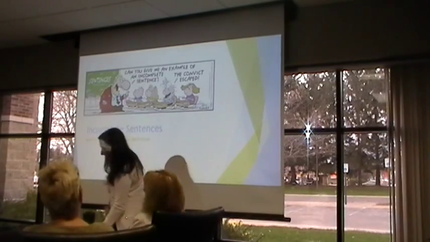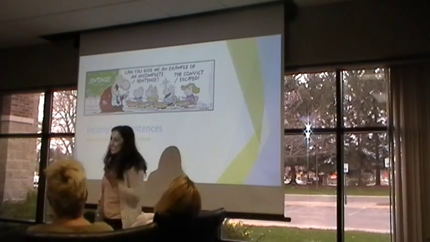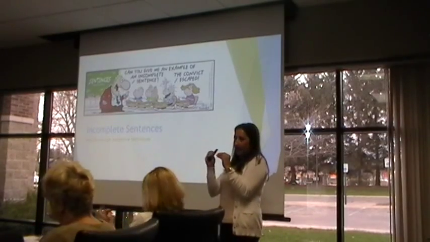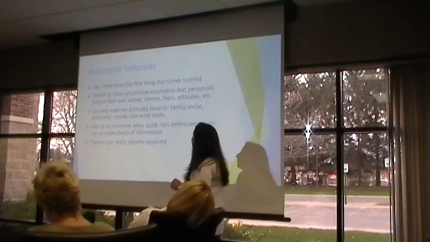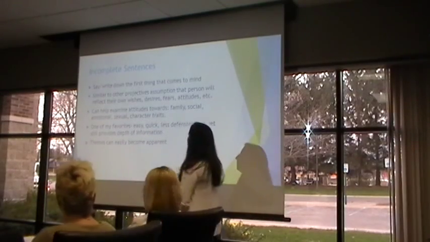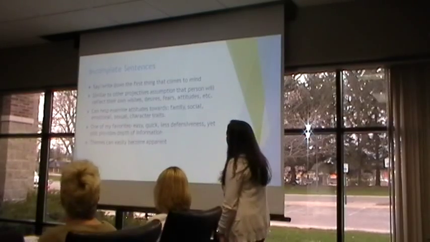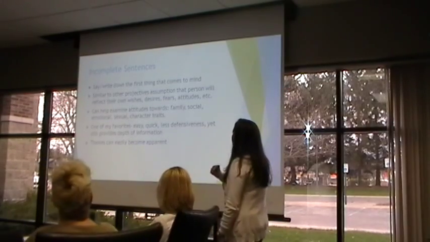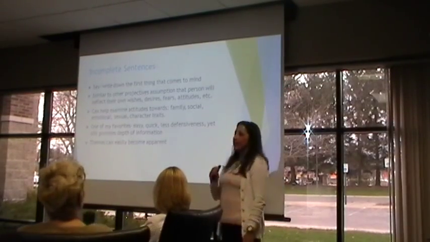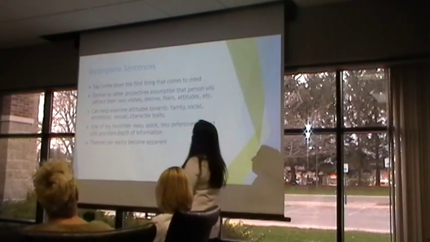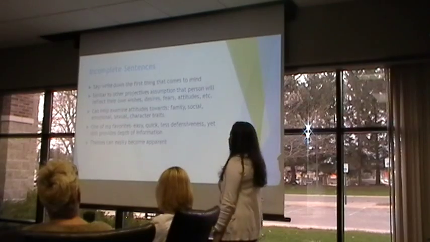Okay, so incomplete sentences, it's a semi-structured projective, because again, you are starting them off with that handle, something at the beginning. And so they're supposed to write down the first thing that comes to mind, no right or wrong, that usual kind of stuff. It's similar to other projectives where it's assuming that the person's going to reflect their own wishes, desires, fears, and attitudes depending how they finish the sentence.